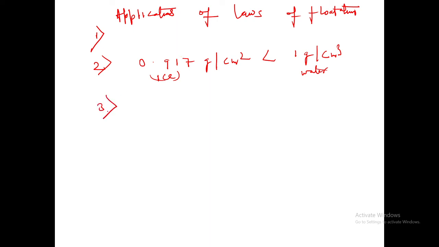Third, flotation of man. The average density of the human body is about 1.07 gram per cm cube with empty lungs. When lungs are filled with air, it is 1 gram per cm cube. Seawater is more dense as compared to the human body, so we can easily swim or float in seawater.